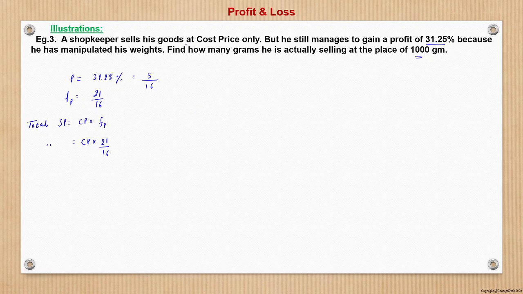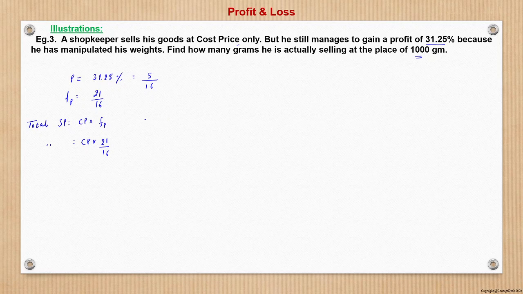Now, when we look here, the question says the shopkeeper sells his goods at cost price only, that is at a per unit price. It's cost price only. But he manages to gain a profit of 31.25% on an overall transaction because of the manipulated weights.